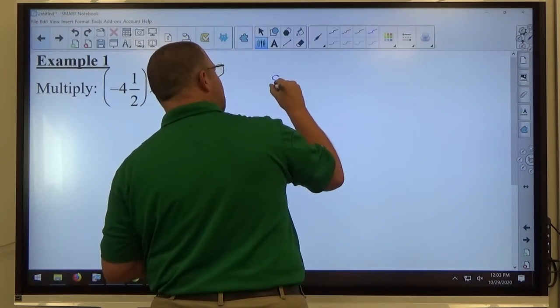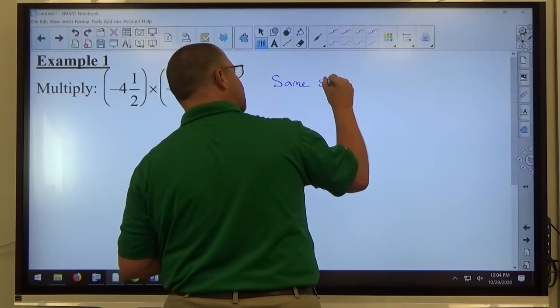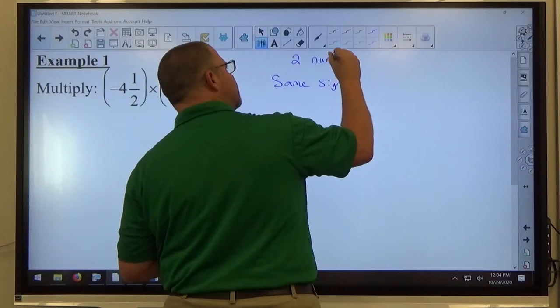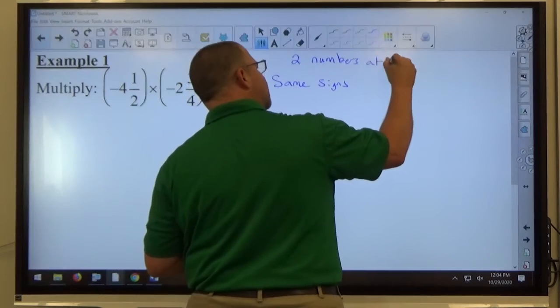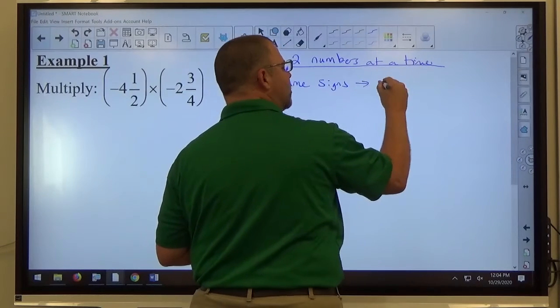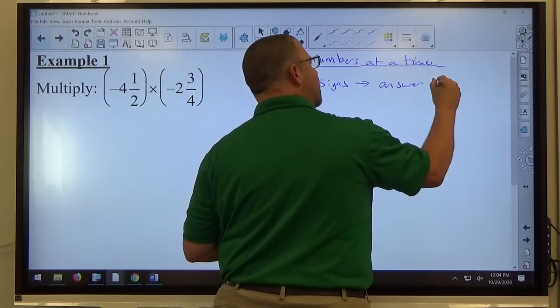And the rules for multiplication and division involve the sign of the answer only. So for the same signs, we're going to be doing two numbers at a time. If you get the same signs, your answer is positive.